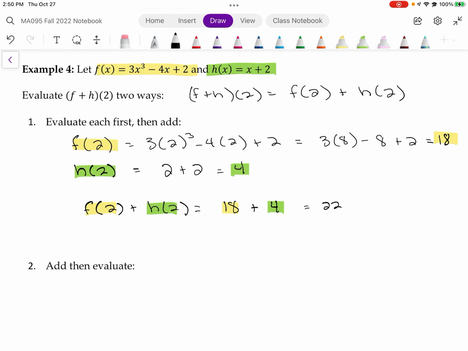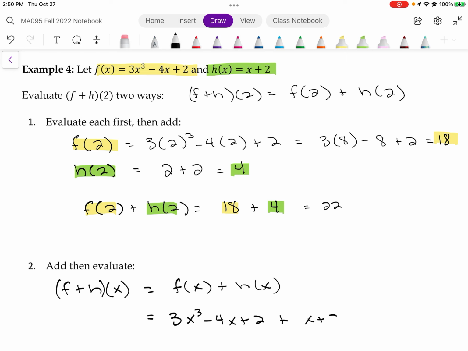We're going to add the two equations, f plus h of x is going to come first. We're going to do it without the 2. So f of x plus h of x. And that is going to be 3x cubed minus 4x plus 2 plus x plus 2.